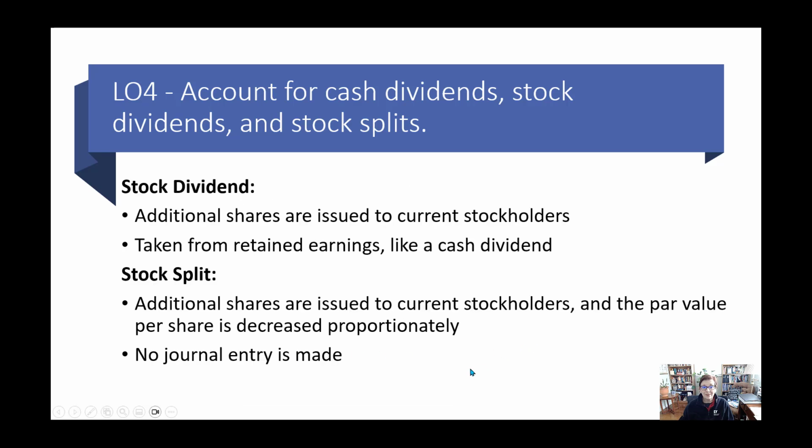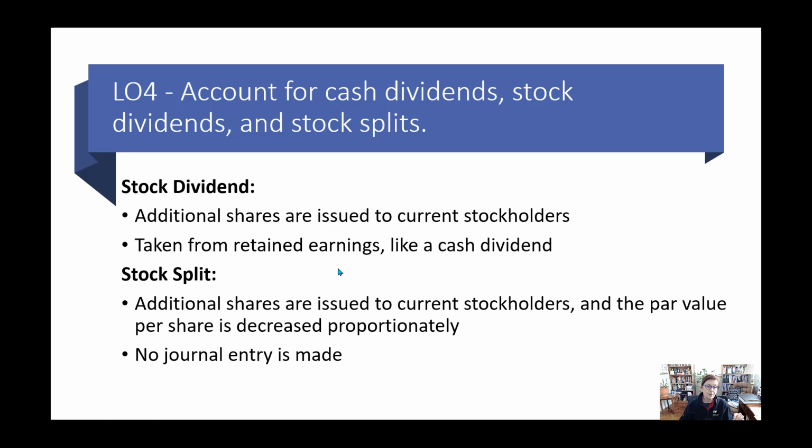Now, a stock dividend and a stock split are both similar in that they're issuing additional shares of stock to the current stockholders. A stock dividend is taken from retained earnings like a cash dividend. And there's 2 kinds of stock dividends, large ones and small ones. The small ones are the ones that are up to 20 to 25% of the current outstanding shares.